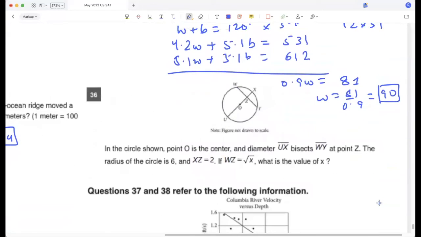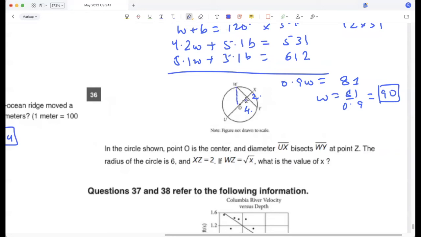In the circle shown, point O is the center and diameter UX bisects WY at point Z. The radius of the circle is 6 and XZ is 2. Okay, this is 2. So OZ will be 4 because the radius is 6. If WZ is root x, what is the value of x?